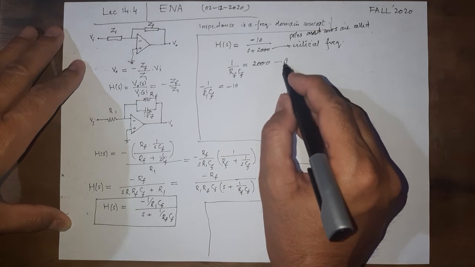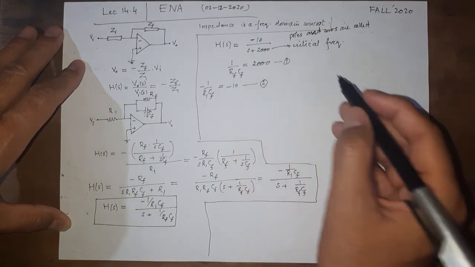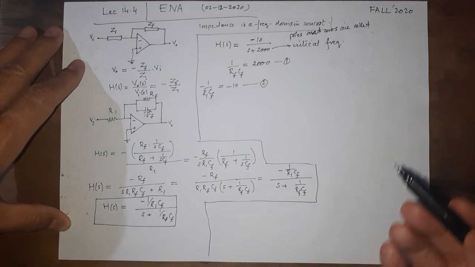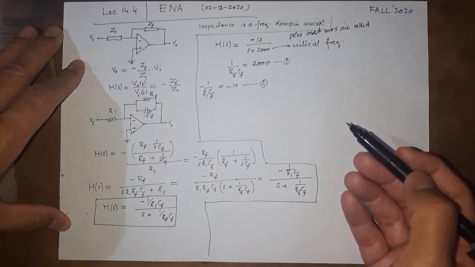So we have two equations, but we have three elements. What's the best way to go about this?